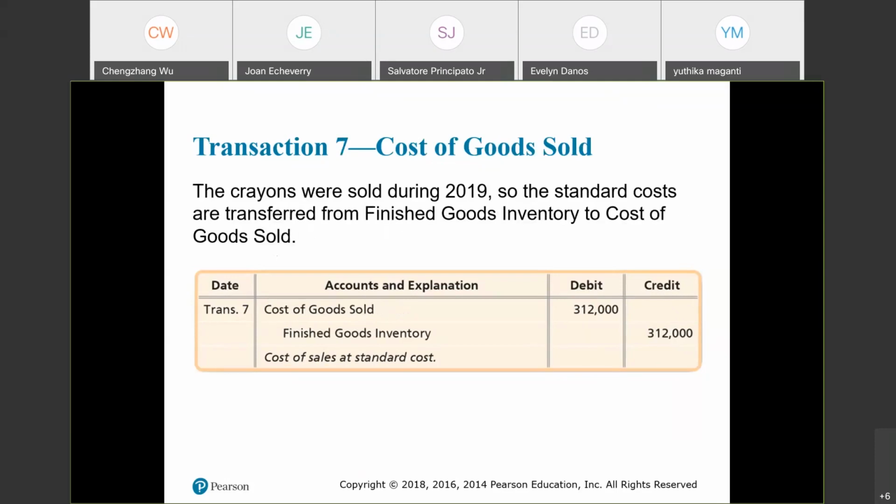And cost of goods sold, same thing. That is the same thing as you learned in your traditional financial accounting class. To debit COGS and to credit finished goods inventory by the same amount. So this number is based on the cost of sales at standard cost.